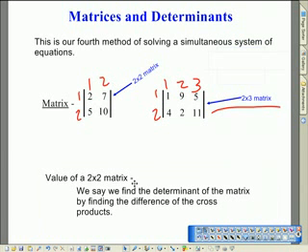To find the value of a 2x2 matrix, we find the determinant of the matrix by finding the difference of the cross products. That's a lot of words. Difference of the cross products. Well, what does that mean?